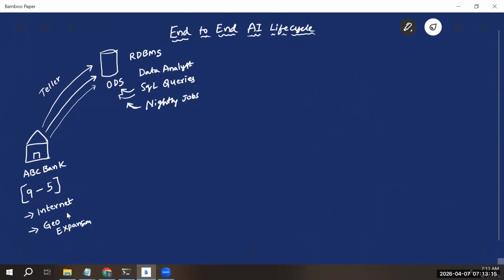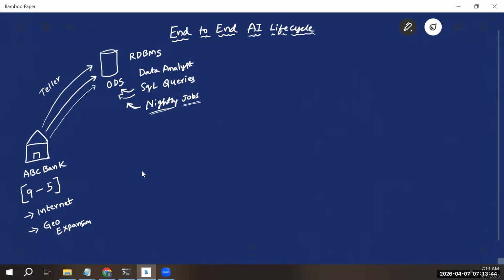Now, because of which, during the US night time, it will be day for some other country. Like Singapore is day, US is night. So there was no such lean period because of these two phenomena, adoption of internet and expansion of geographical locations. There was no such time that I can say that I can run my nightly job.